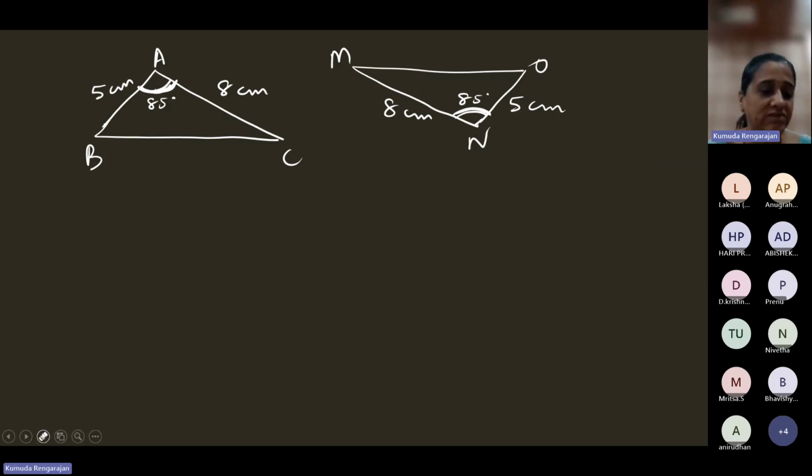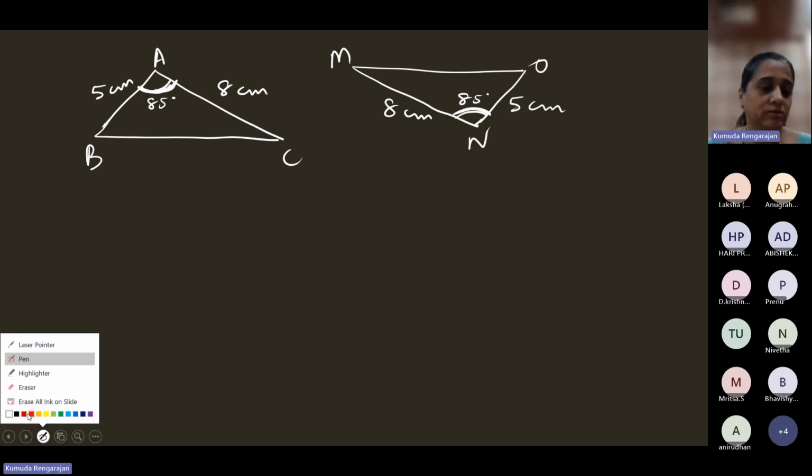When you're using SAS, you will be using one angle and the arms of that angle. One angle of the first triangle is equal to one angle of the second triangle, right? That's one piece of information. And then the arms of the angle in the first triangle should be equal to the arms of the angle in the second triangle.